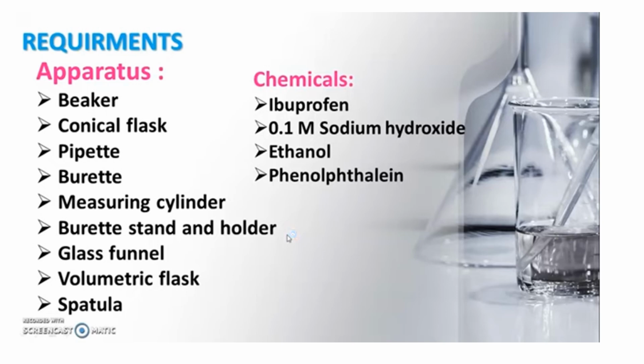Ethanol is again very important for this experiment. The most important indicator here is phenolphthalein, which is used for acid-base titration and for showing the end point of titration. Therefore, having all this apparatus and these chemicals is the prerequisite for the assay of ibuprofen.